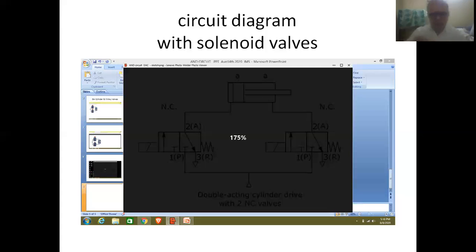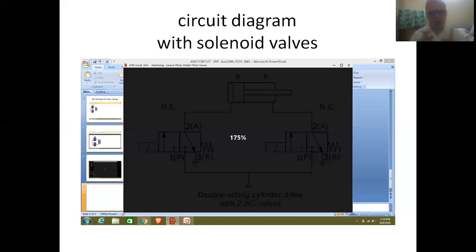So these are generally the two positions of these valves. Therefore, they are called as two position valves. So first position for sending the fluid and second position for receiving the fluid from the cylinder. So totally it is provided with two positions.